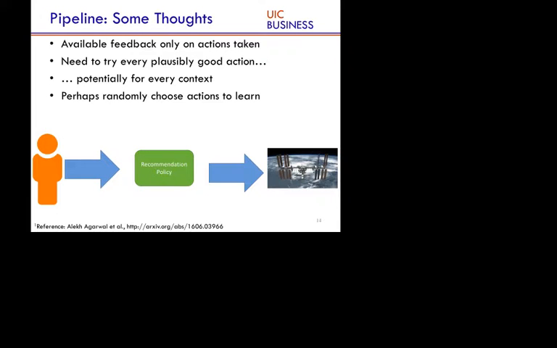So we're going to first take a top-down, systems or engineering approach and try to understand how we can build a training or learning system which works with this three-step loop. Some thoughts before we get to the loop: we may have information available on the actions that we took.